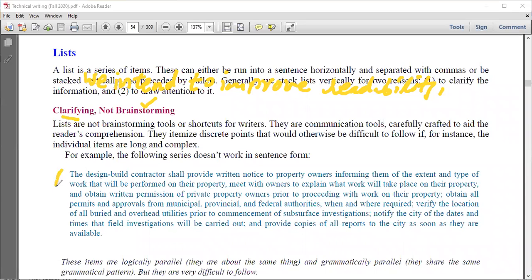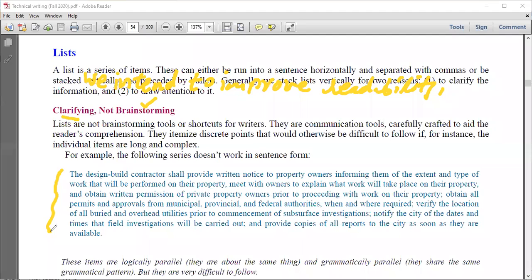So let's have a look at this example here. The design build contractor shall provide written notice to property owners informing them of the extent and type of work that will be performed on their property, meet with owners to explain what work will take place on their property, and obtain written permission of private property owners prior to proceeding with work on their property, obtain all permits and approvals from municipal and provincial and federal authorities when and where required.